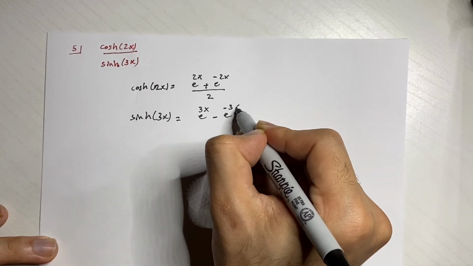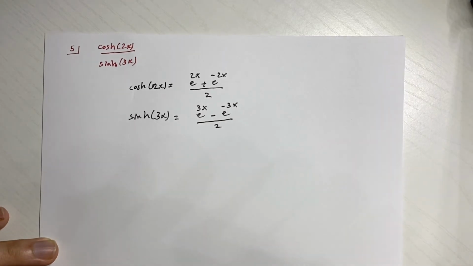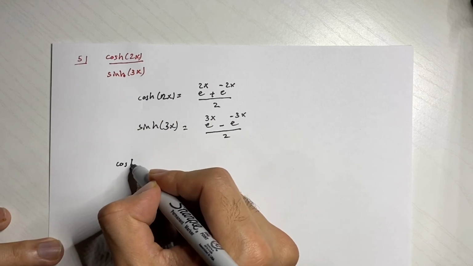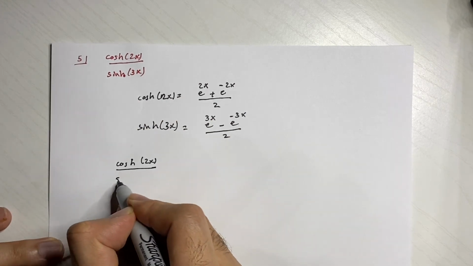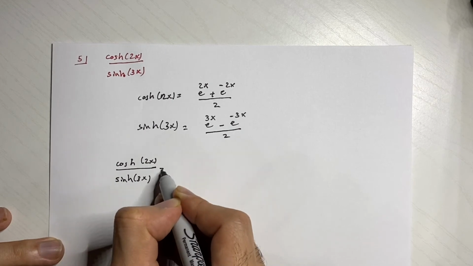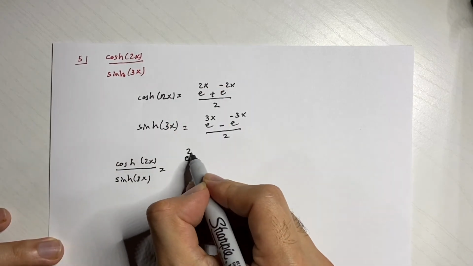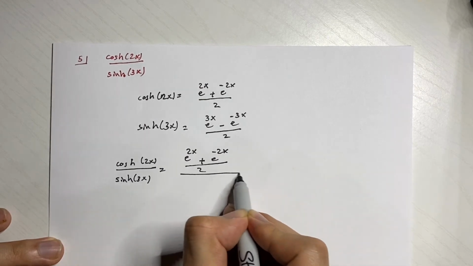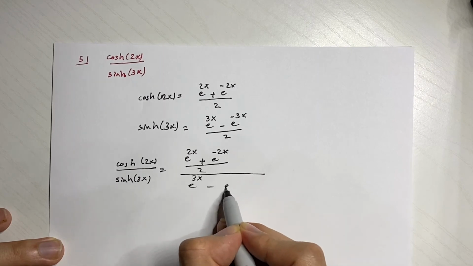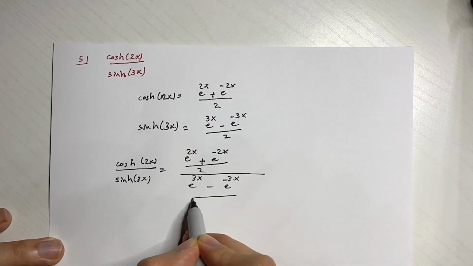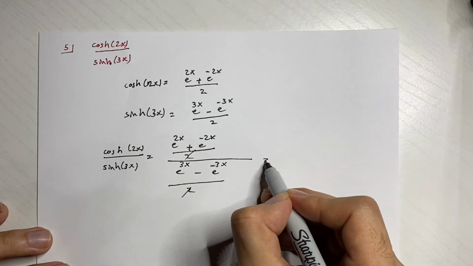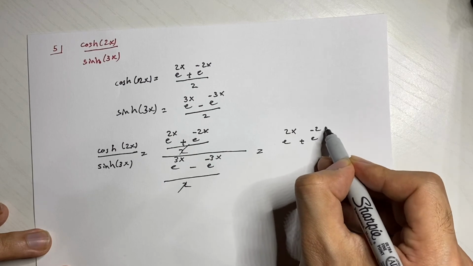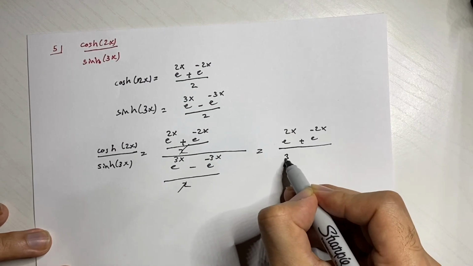After finding cosh 2x and sinh 3x, I'm going to divide these and try to simplify. This is the cosh 2x function. Now this is the sinh 3x function. The 2's will go together and we'll end up with e to the 2x plus e to the negative 2x, over e to the 3x minus e to the negative 3x.